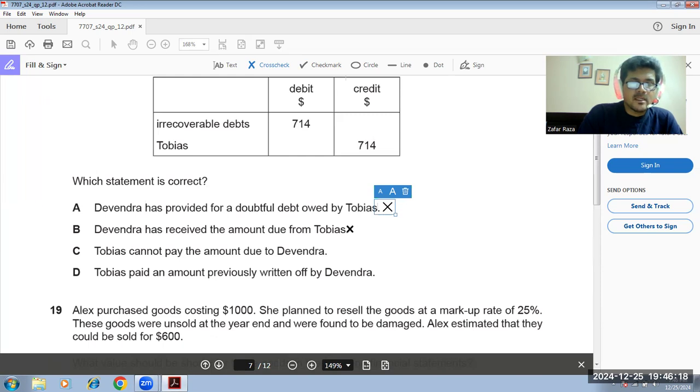No, not received anything from Tobias. And Tobias cannot pay the amount due to Devendra. Yes, this is the answer. Tobias paid an amount? This is not an entry of receiving any cash from the customer.